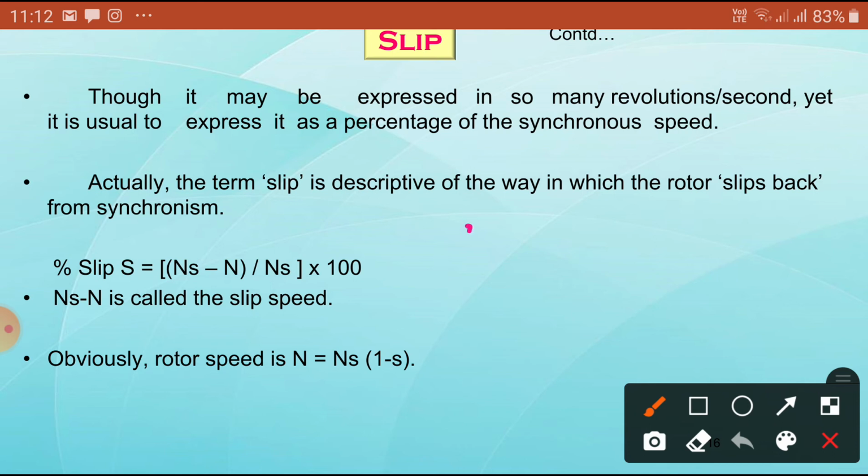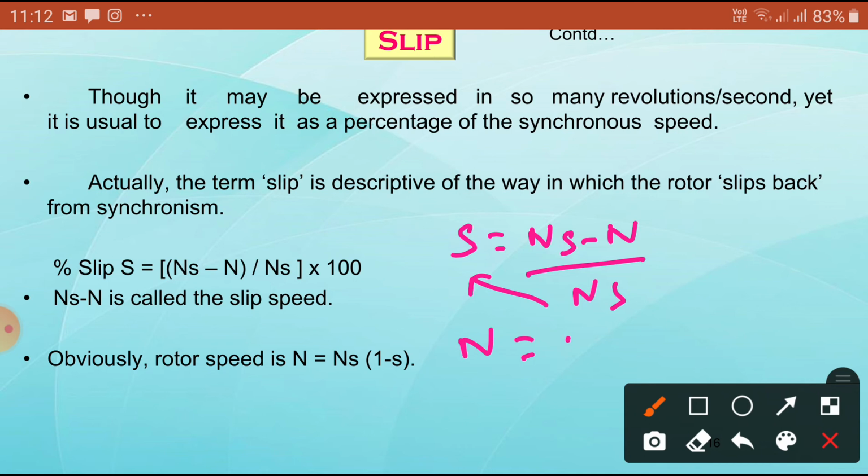The formula is s equal to (ns minus n) by ns. I want n, so moving terms across, n is equal to ns minus s into ns. Then take ns common.